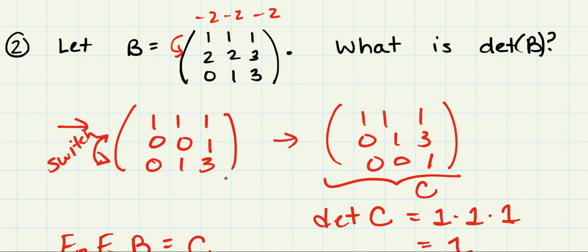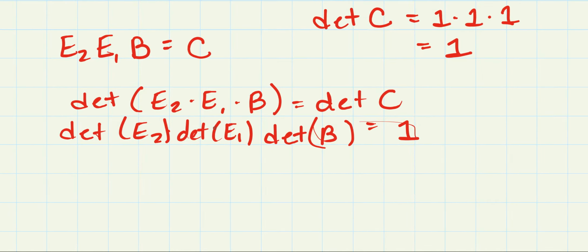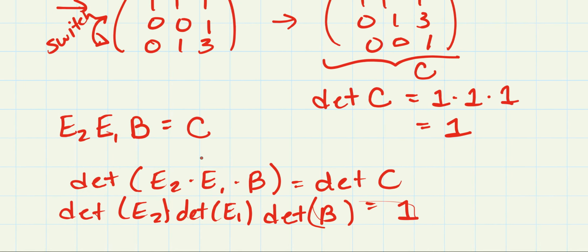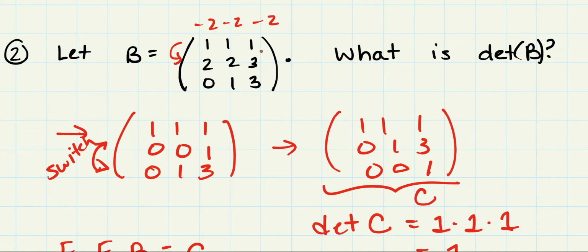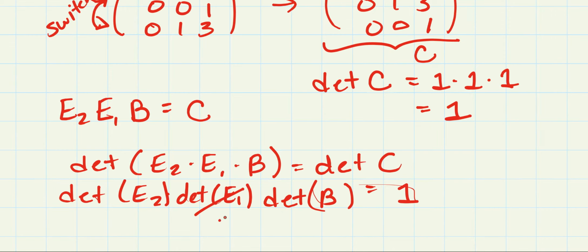So E1 is the first action we took on this matrix. The very first thing we did was multiply by -2 and add it to the second row. So E1 corresponds to a type 3 elementary matrix, right? And a type 3 elementary matrix, we know its determinant is 1.